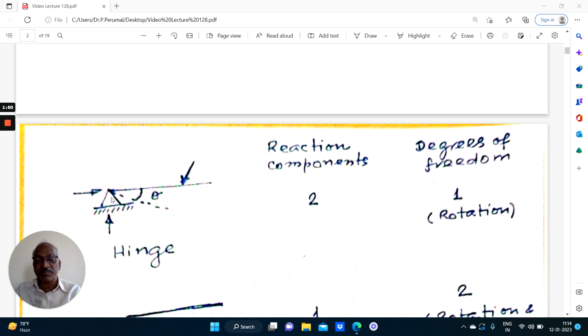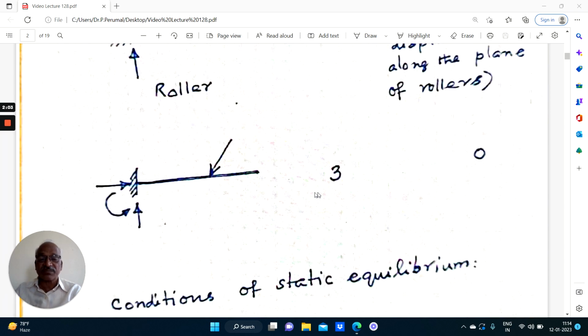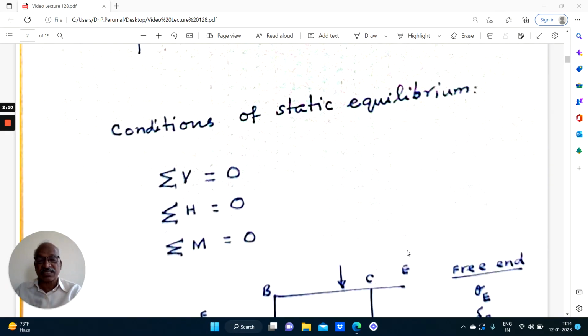A hinged support has two reaction components and 1 degree of freedom. A roller support has 2 degrees of freedom and one support reaction. A fixed support has 3 reaction components and no freedom. We also discussed the basic conditions of equilibrium.